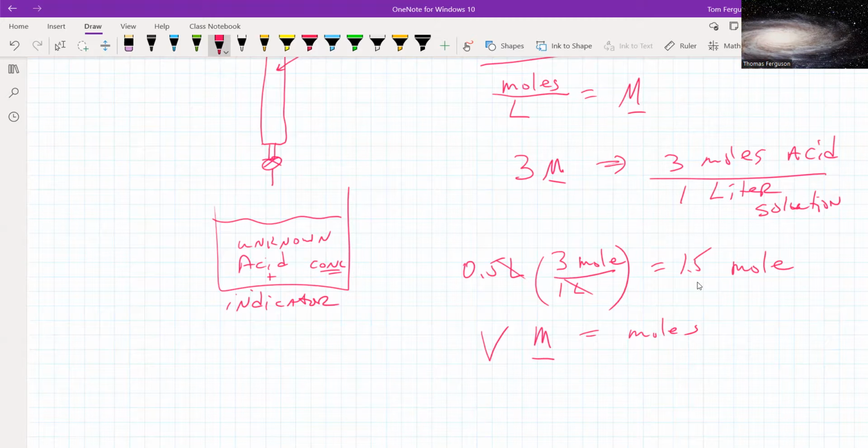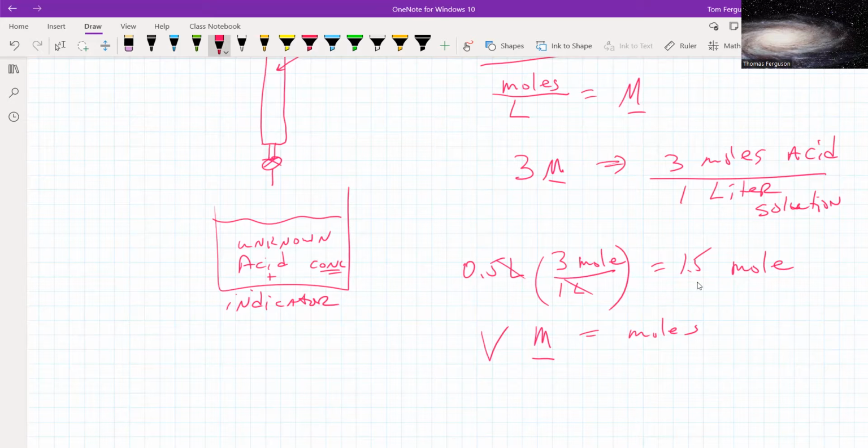That's the key here. Volume in liters times concentration in moles per liter gives us moles. Volume in milliliters times molarity in moles per milliliter will give us moles also, but normally it's in liters. That's the standard. So VM, I'm using that for the next 4 days. VM, volume times molarity, okay?